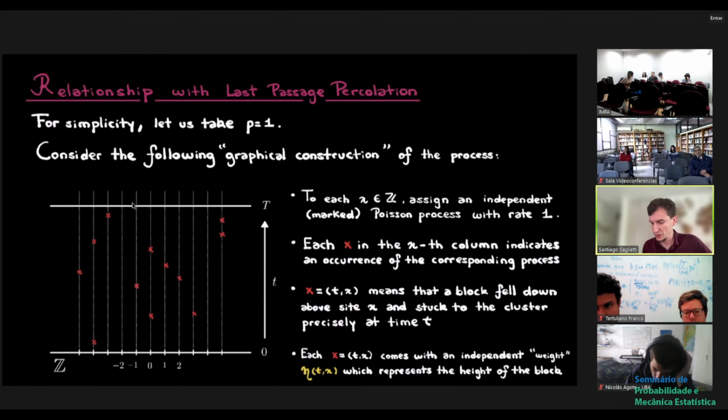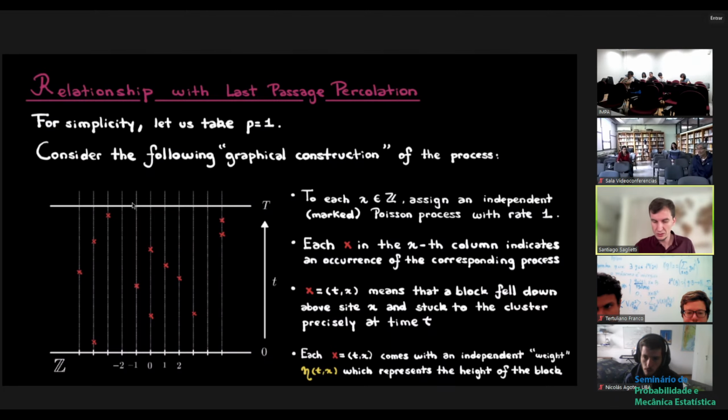Each of these red crosses will come with a mark, which is going to be independent for the different crosses, and this mark will be exactly the block height, which will represent the height of the block which is falling down at that time. So basically, I encoded my information with a sequence of Poisson processes with marks.